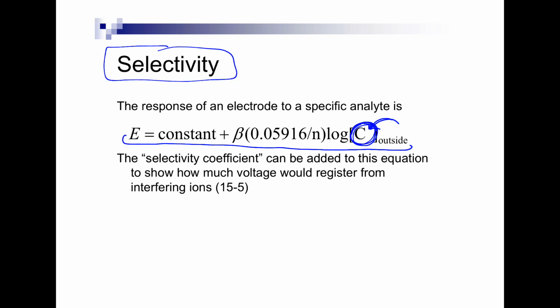And so you can put onto this equation a selectivity coefficient, and the way that you would do that is instead of it just being C here, it would be C plus what we call the selectivity coefficient.